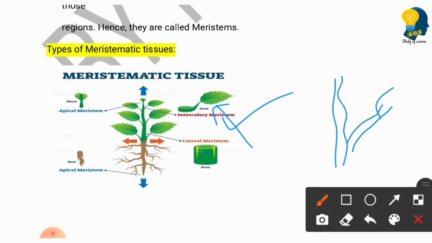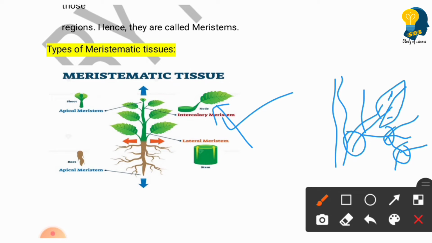The leaves extend from the stem, and there are further branches. Sometimes it branches further, sometimes it branches further. So this branching we call twigs. So this is the internode. So these are the twigs, we call them twigs and twiglets. Okay. So basically what you have to understand is that the intercalary meristem is present at the base of the leaves or the internodes on the twigs.